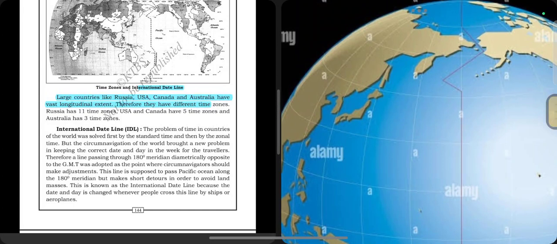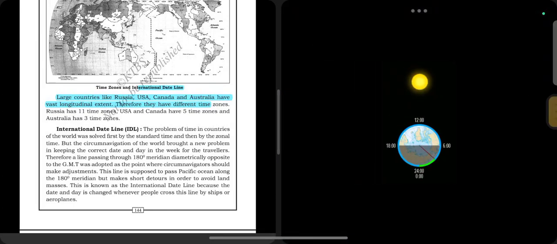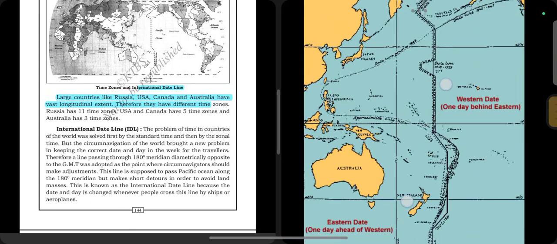You can see here how the lines are going, so you understand how the time zone will be. Okay, so this is the international dateline. I think this much you understood.